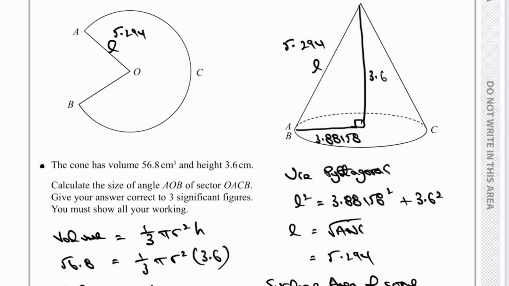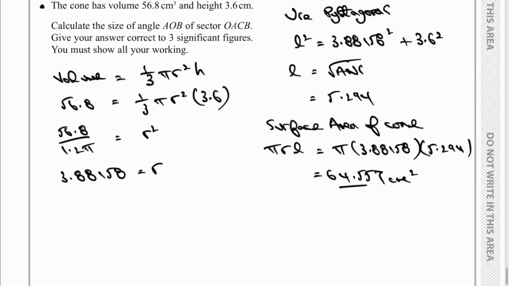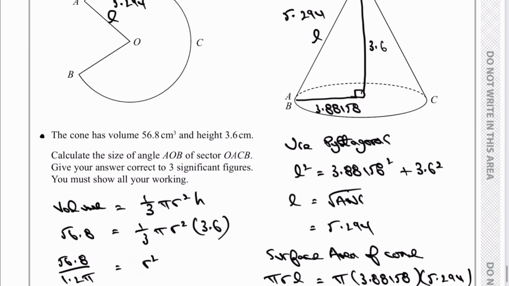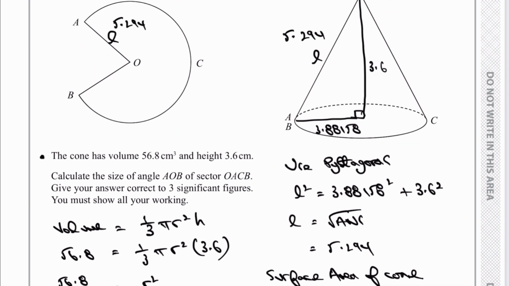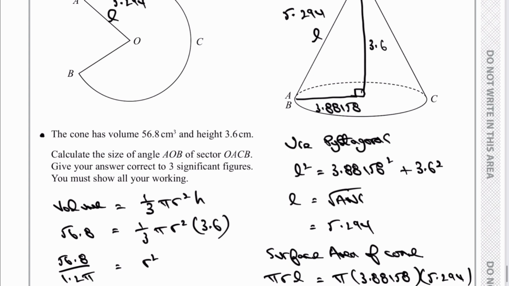So now finally we've got a couple of things that we can use in order to work out the angle that we're looking for, because don't forget that while it has the same area, I can use pi r squared as if it's a full circle. You'll see what I mean.